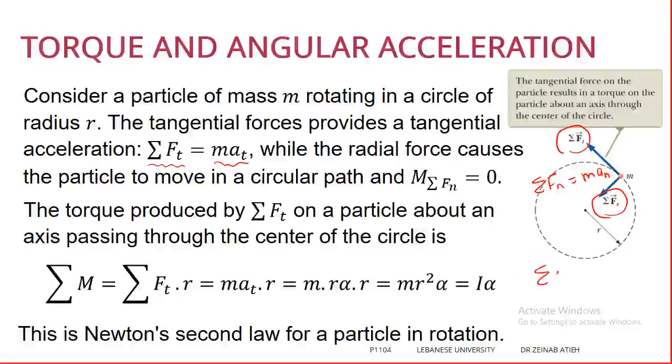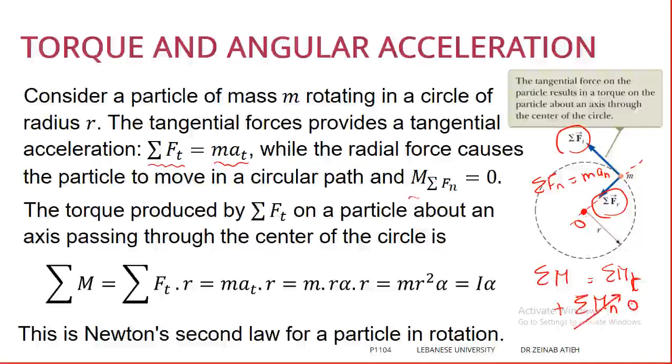So if I'm calculating the moment of all forces, I have to calculate the moment of tangential forces plus the moment of normal forces. You can see that the normal forces pass through the axis of rotation, meaning the line of action of these forces passes through the axis of rotation. So for sure, the moment of the normal forces is zero.